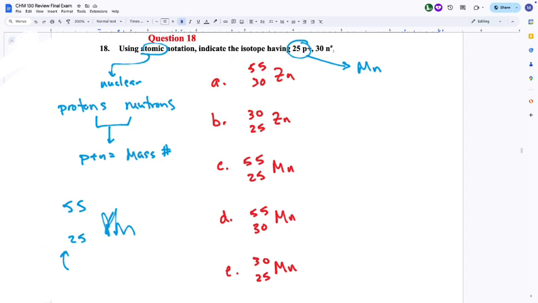That is now known as my atomic number. It is redundant because Mn is defined by that. So the symbol tells me that number. Now I just have to find the answer that matches that pair, and looks like C.